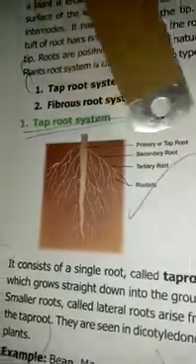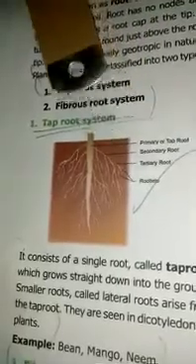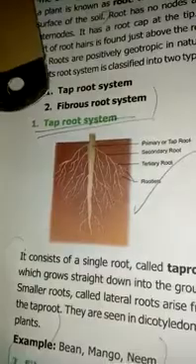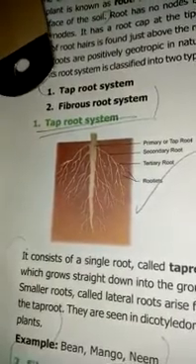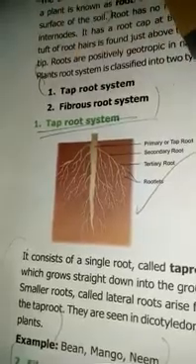For the taproot system, examples are mango and neem.